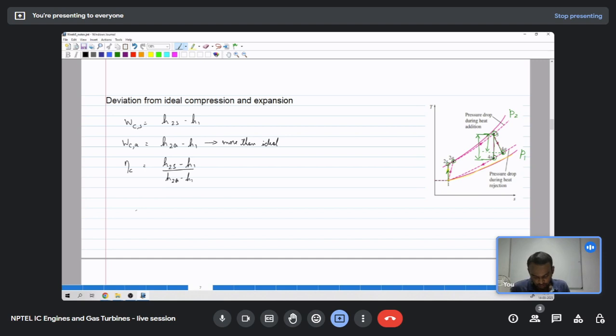Writing in expression, in the ideal case the turbine work is H3 minus H4s, but in the actual case we have only H3 minus H4a, which is less than the ideal case.